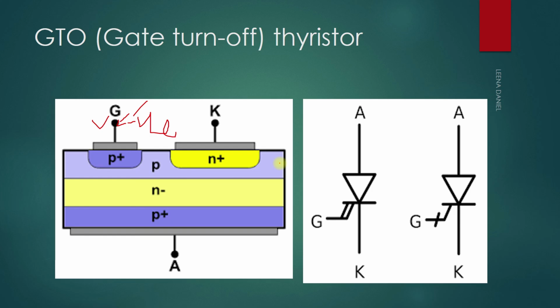These are some disadvantages of GTO as compared to the SCR or thyristor, but there are some advantages also. As I told you earlier, GTO has a faster switching speed. Its surge current capability is comparable with an SCR.